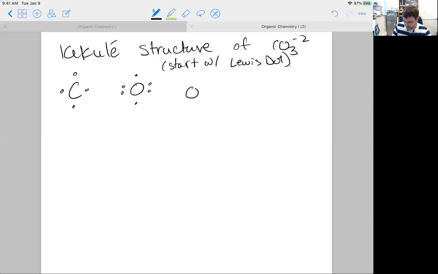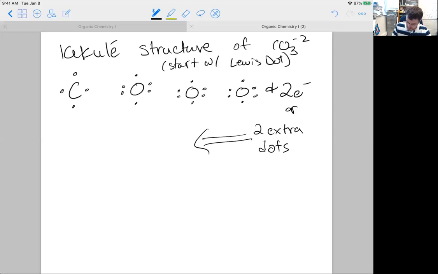And we've got a few of these O's. But in addition to this, we have 2 extra dots. Now, why is that? Because we have a -2 charge.